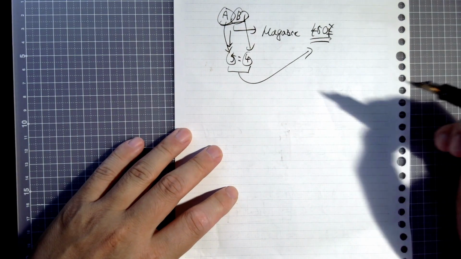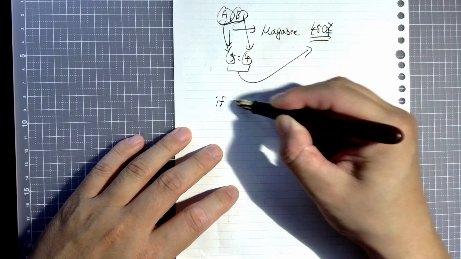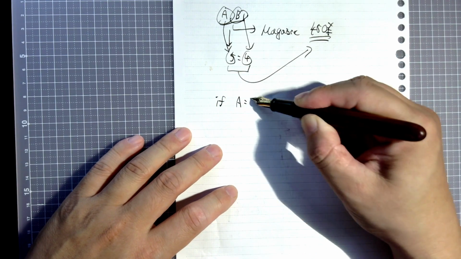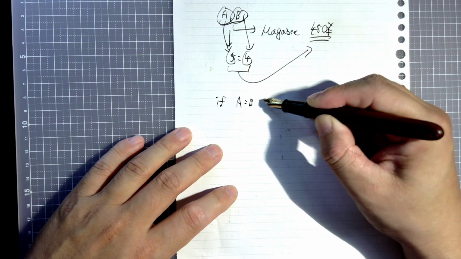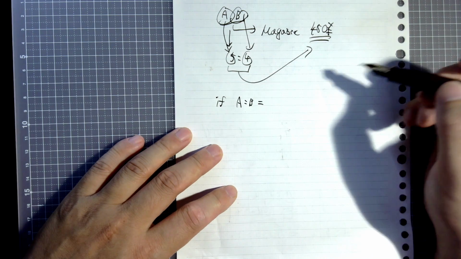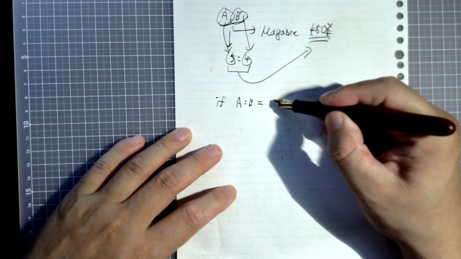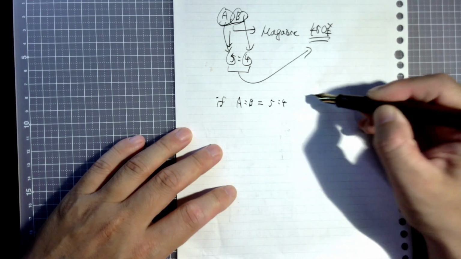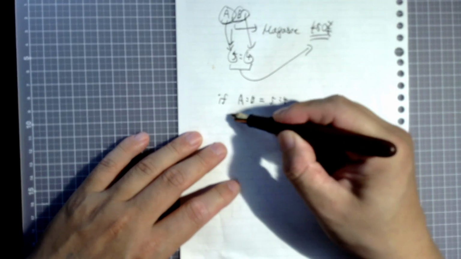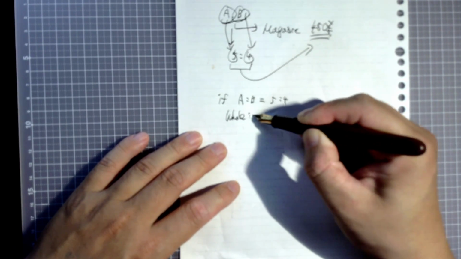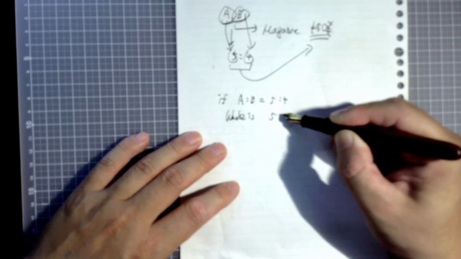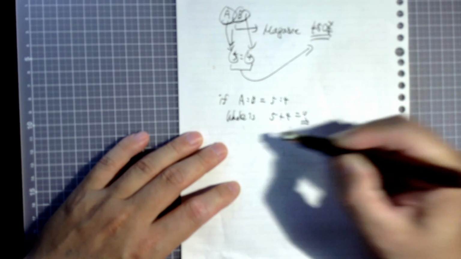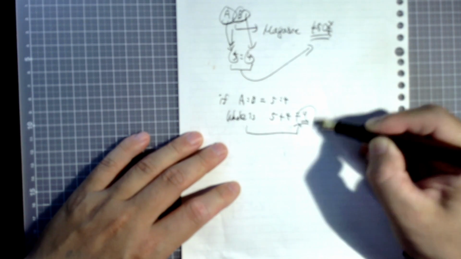If Mr. A and B paid in the ratio of 5 to 4, the whole is 5 plus 4 equals 9. So the whole is 9, right? The ratio of the whole is 9.